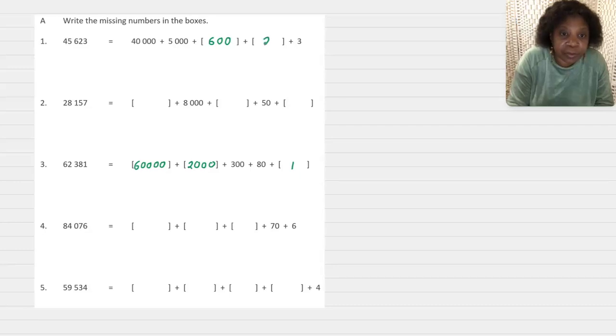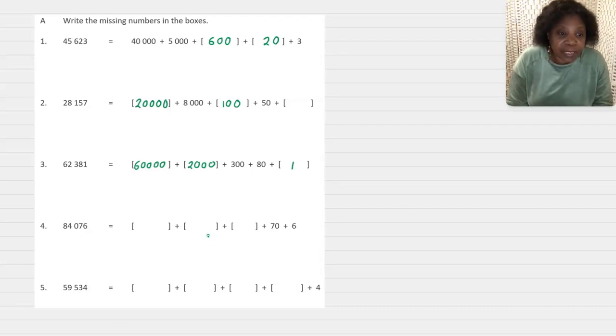And then we're going to have 20. For number 2, we're going to have 20,000. It's a little bit difficult trying to write on the screen. And then the value of the 1 is 100. So now that looks a bit better.